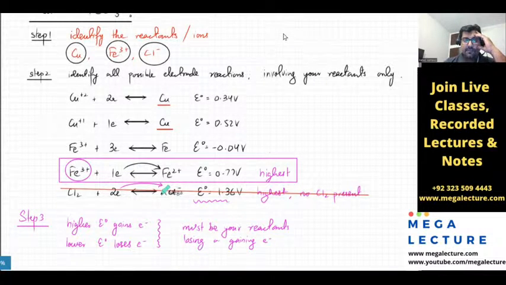So I figured out who's the highest potential. That's the one that's going to gain electrons. And now I'm going to figure out who's the lowest potential. The lowest potential is the one that loses electrons. So who's the lowest? The lowest at the moment is the Fe1. That's the lowest.